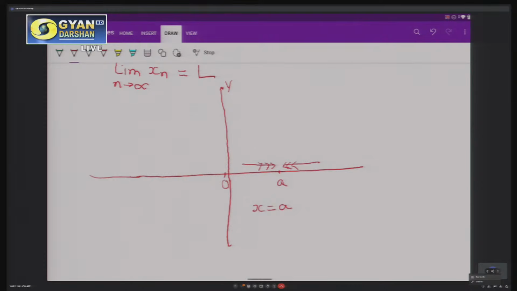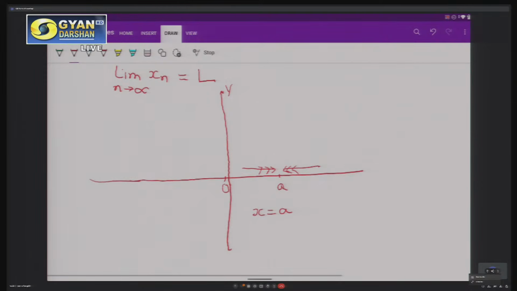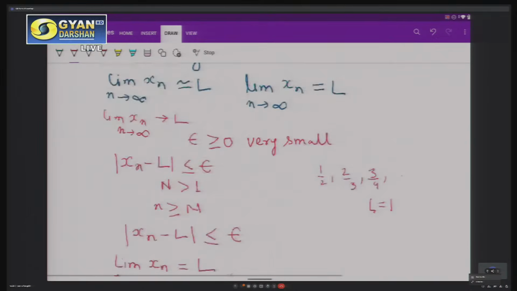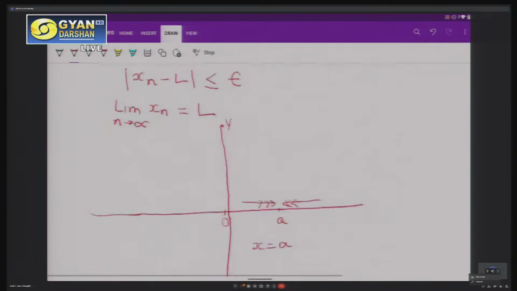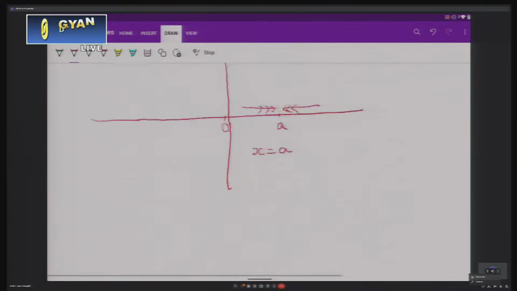You have understood this limiting value for a sequence. Now let us apply it to a function, say y is equal to f(x).